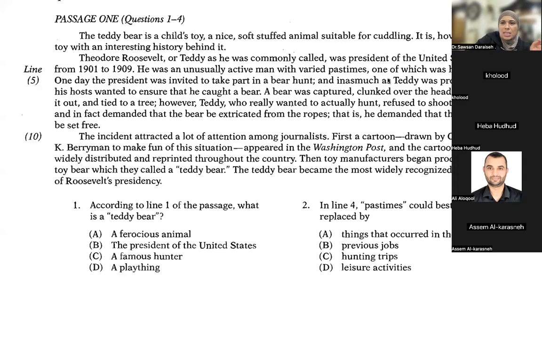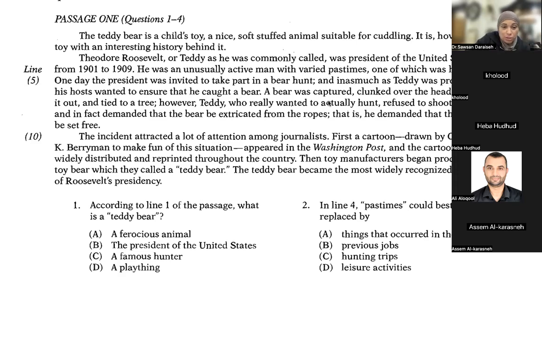And inasmuch as Teddy was president, his hosts wanted to ensure that he caught a bear. Because, you know, he was a president, it's like a shame if the president did not capture the bear. The president should lead by example, right? Something like that. His hosts, the people that invited him to the area to hunt a bear.